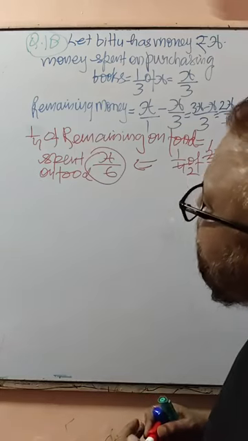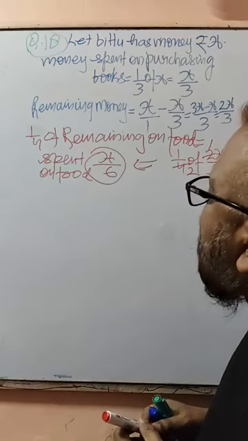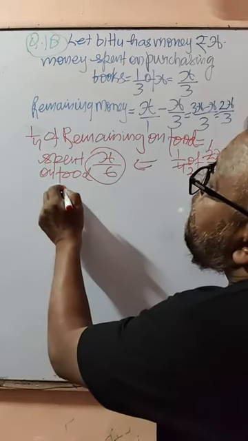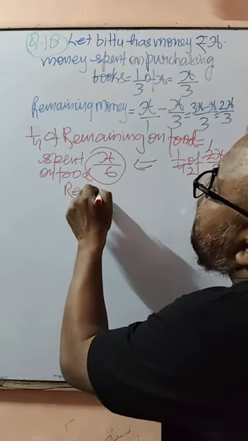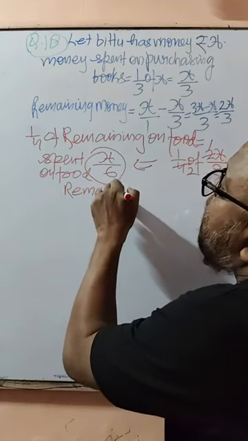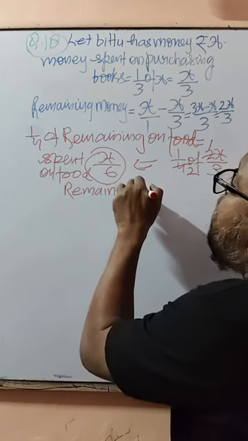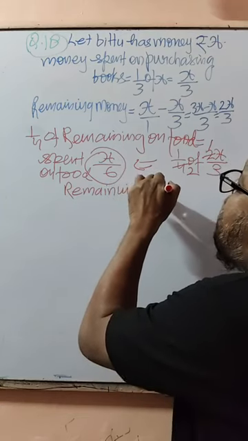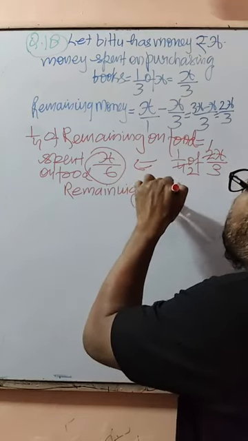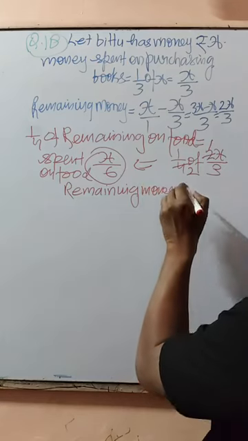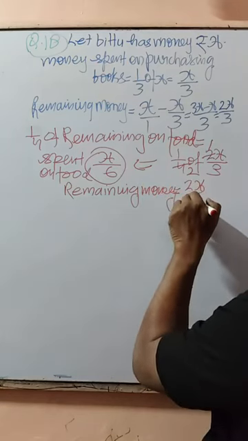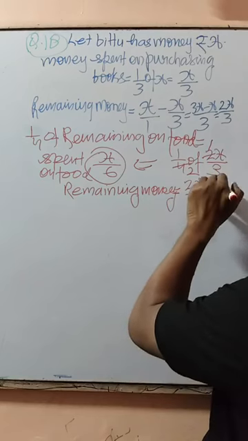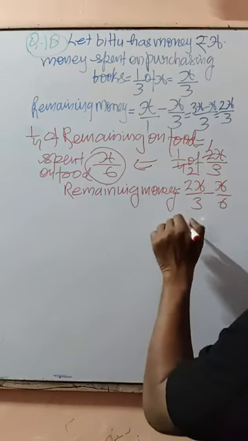Now remaining money is equal to 2x upon 3 minus x upon 6.